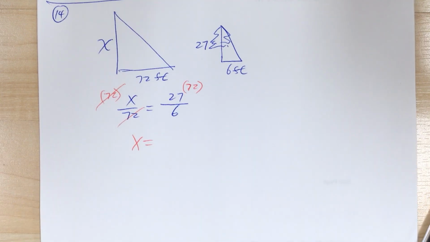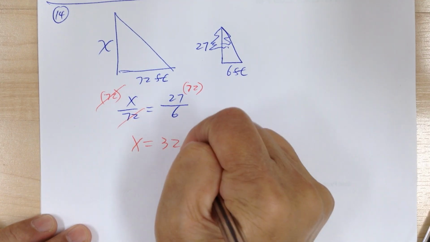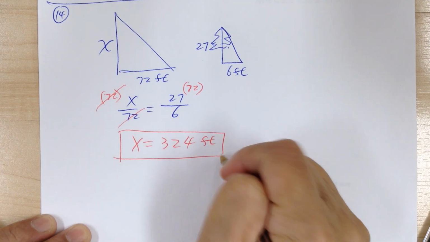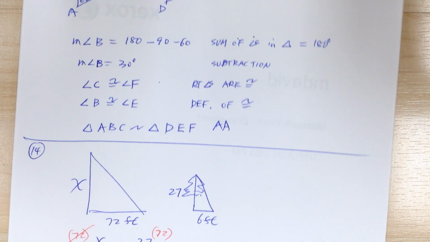It doesn't matter. So I'm going to use the calculator: 27 times 72 divided by 6 will equal 324 feet. Don't forget your label. Okay, let's go to the next one.